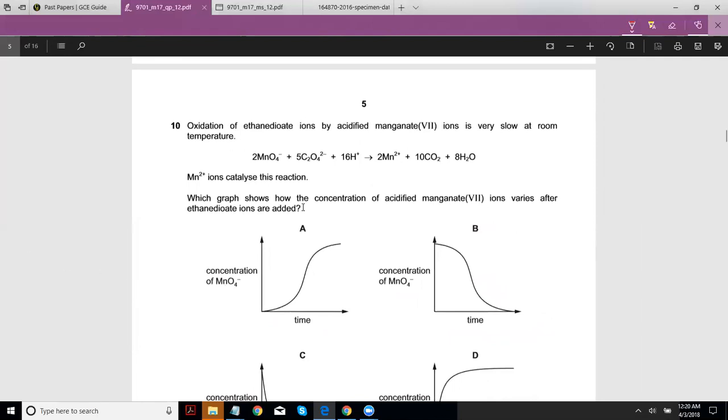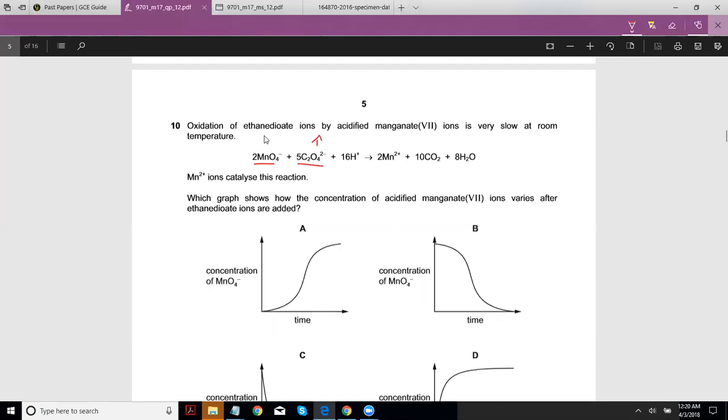So basically, manganate ions are this, ethanedioate ions are this, and we're saying how should the concentration of manganate ions vary as you keep adding this? So as you increase this, how should this happen?